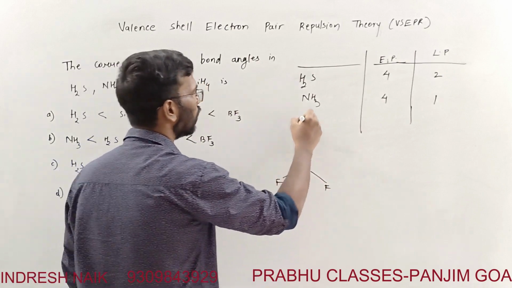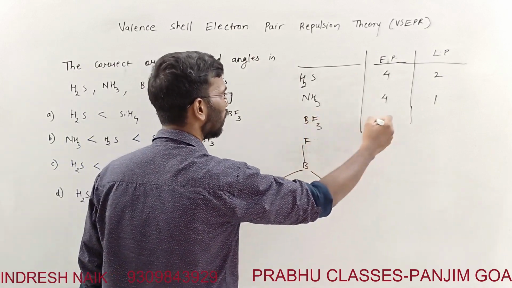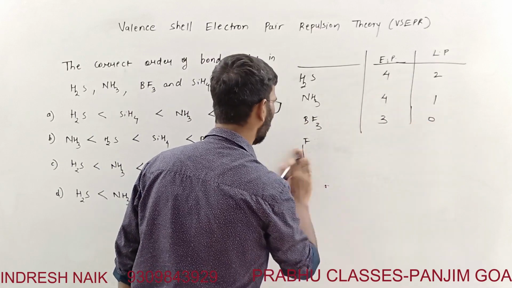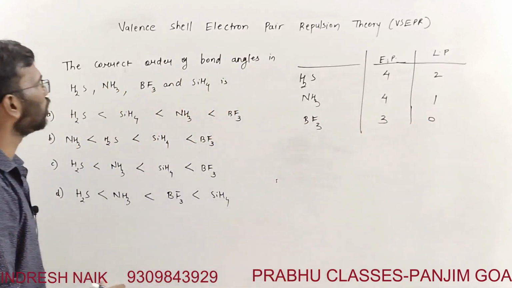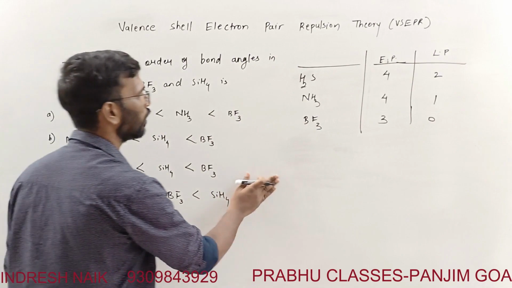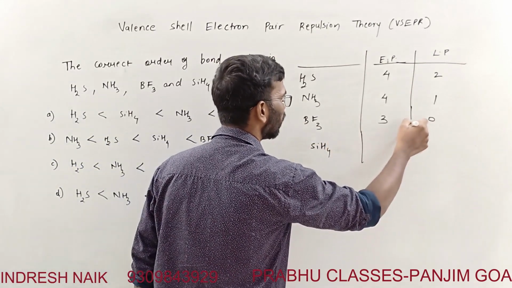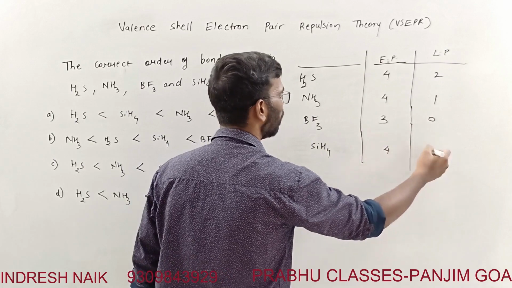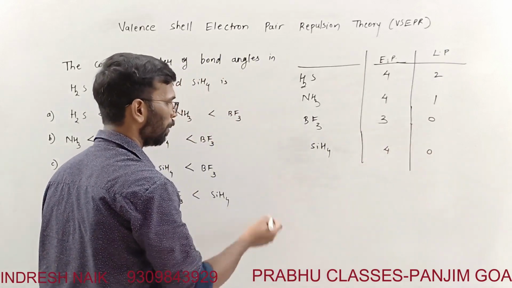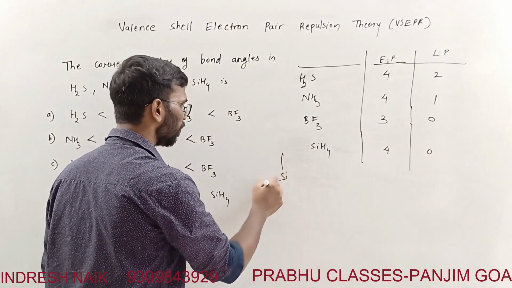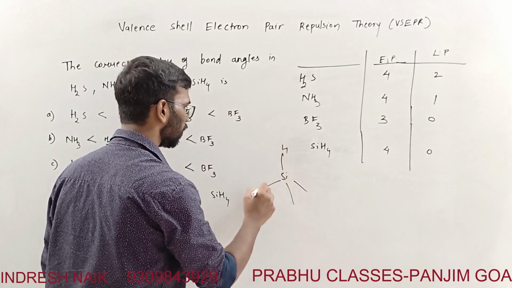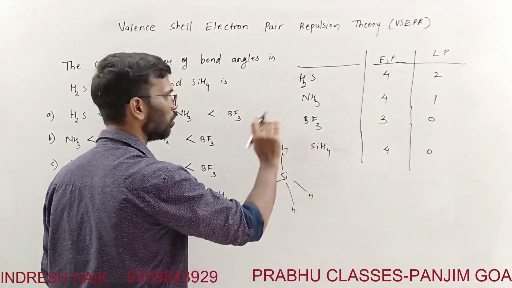There is no lone pair. So BF3 has 3 electron pairs, 0 lone pairs. And what is remaining? Silicon hydride. Silicon hydride is like methane, that is 4 electron pairs, 0 lone pairs.